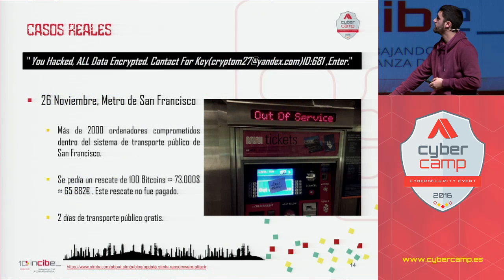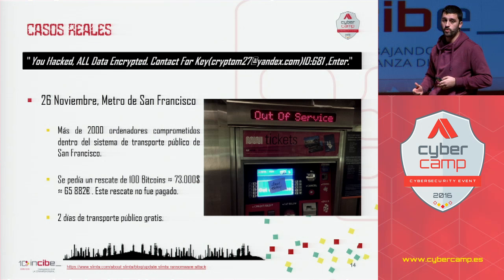Last Saturday, it was the San Francisco underground system. Over 2,000 computers were compromised as part of San Francisco's transportation system. I don't know if you've read about it, but 100 bitcoins were asked as ransom. That is $73,000 and more than 65,000 euros. It was not paid, and it took them 2 days or so to get it all back in working.